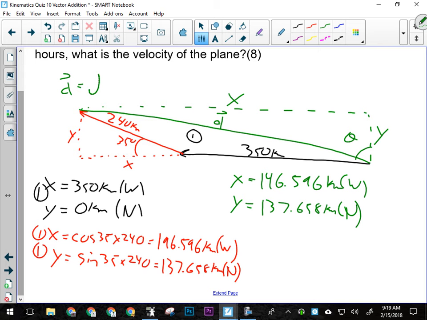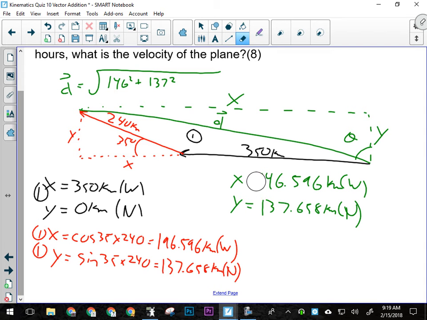All right, my next step is I got to calculate my overall displacement. So my overall displacement is a Pythagorean theorem calculation. My 546 squared plus my 137 squared. Wait a minute here. That's 546, isn't it? Sorry, I don't know why I wrote 146 there. Something just looked really wrong.